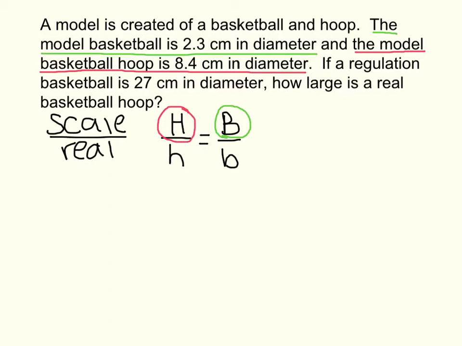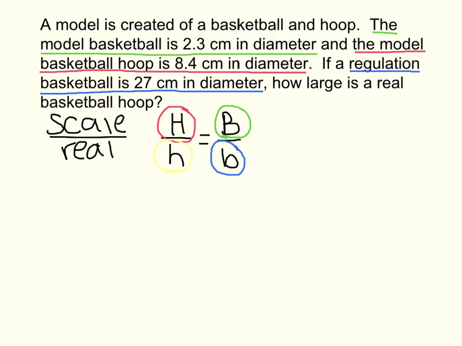Let's take a look back at our problem and see what the other number given is. It tells us right here that the diameter of a regulation basketball is 27 centimeters. That's our lowercase b. That means, guys, that this lowercase h is our unknown.